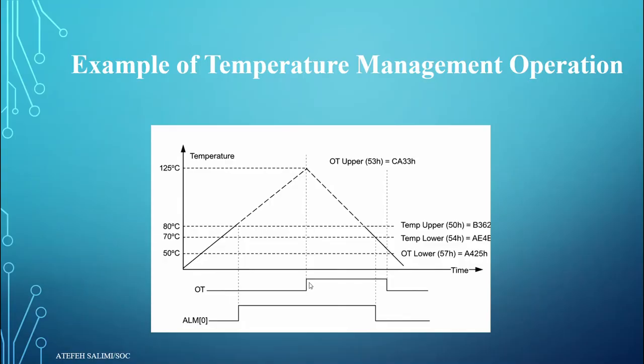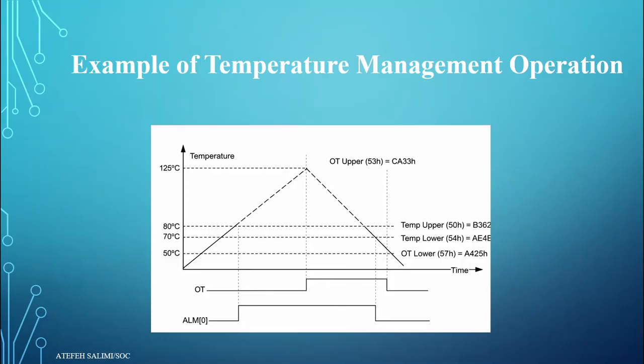As the temperature increases, the ALM0 signal is asserted when the temperature exceeds the temp upper threshold, triggering an interrupt. If the temperature reaches the OT upper value, the over temperature condition is activated. This OT signal will be activated.